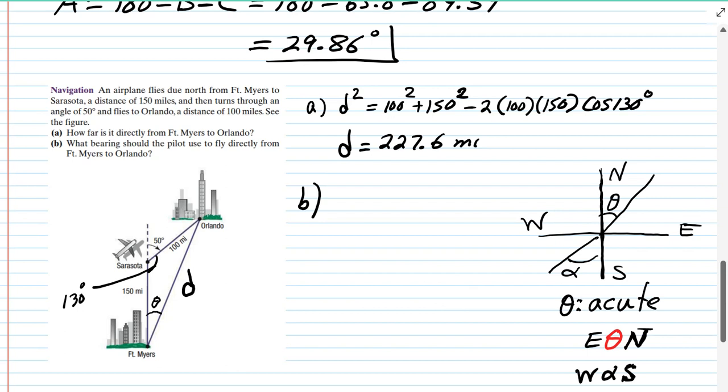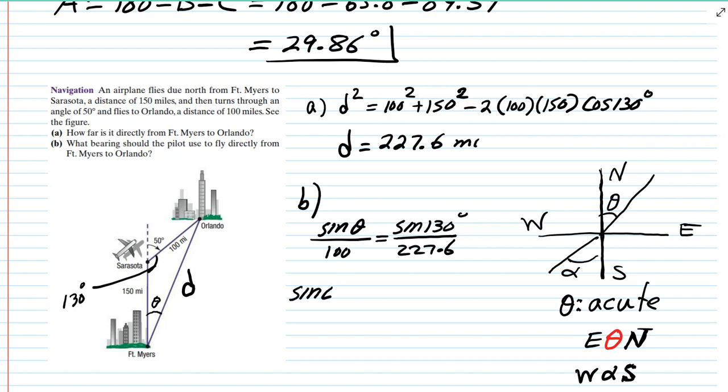Okay, so for this one, I need to find the measure of angle theta first, and I'm going to use the law of sines. So I can say that sine of theta over 100 is equal to sine of 130 degrees over 227.6. Okay, and from this, multiply both sides by 100 and do the calculations.